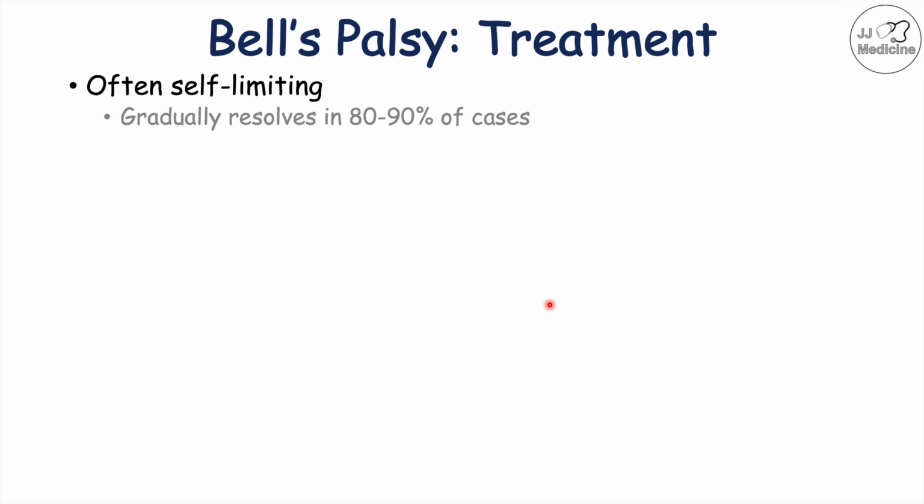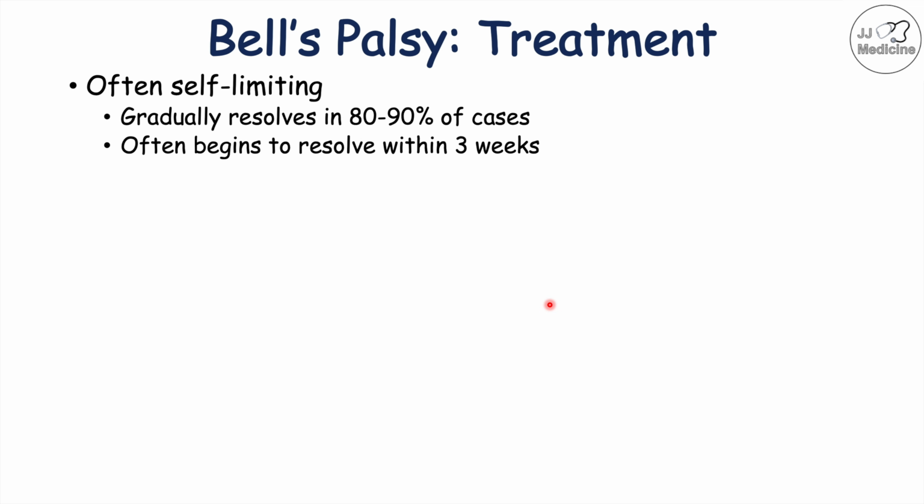Once clinicians have diagnosed this condition, how do they treat it? Bell's palsy is often a self-limiting condition, so even without treatment, it can spontaneously resolve on its own in the majority of patients. In fact, it actually gradually resolves in 80 to 90% of cases. So majority of cases are going to have a resolution of Bell's palsy between 6 weeks and 3 months.